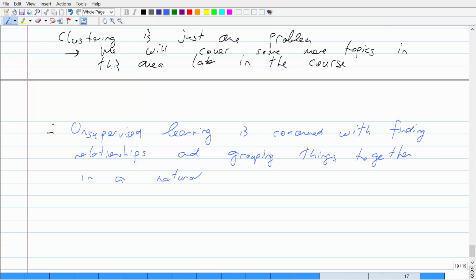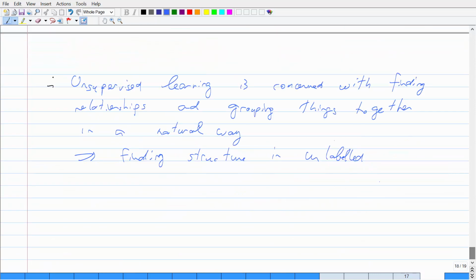So you're finding some sort of hidden structure in unlabeled data. In a natural way. So you are finding structure in unlabeled data. Sorry, data. Okay, and that's the ultimate goal.